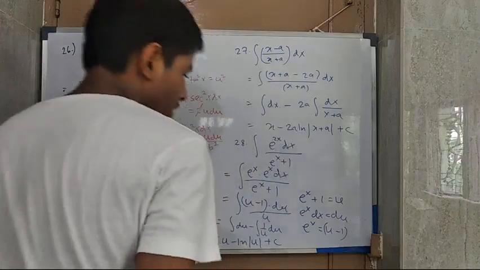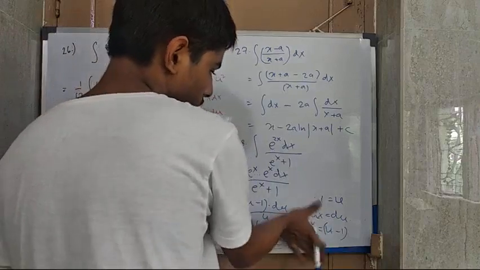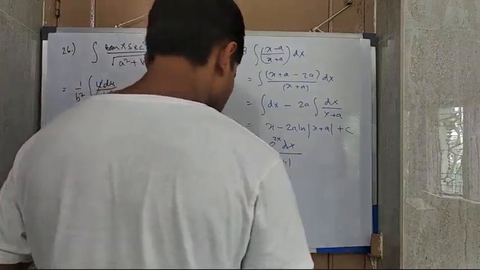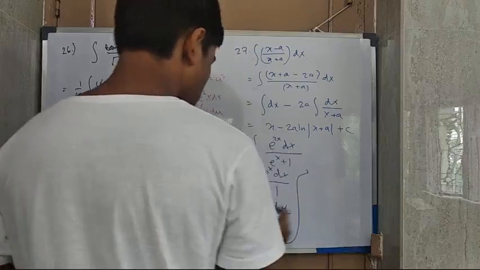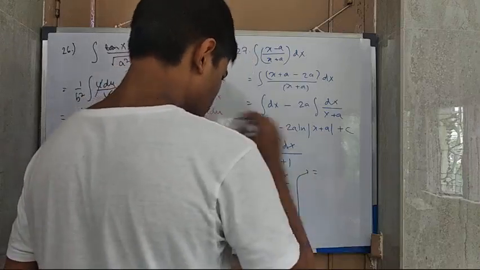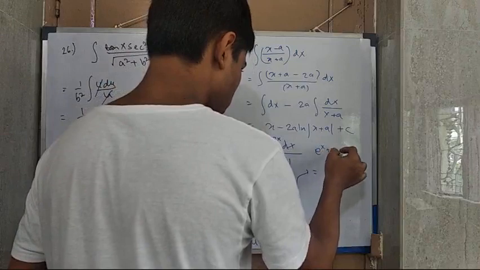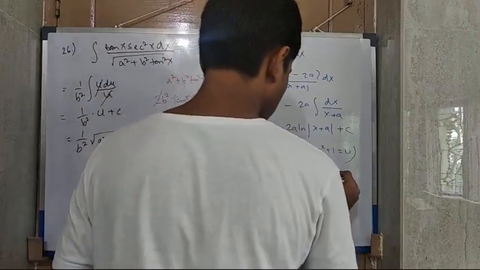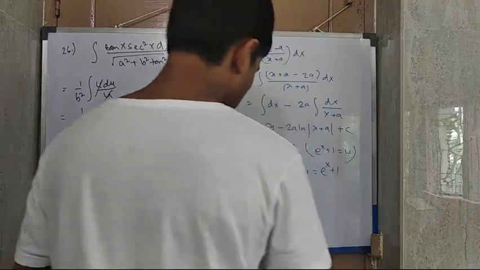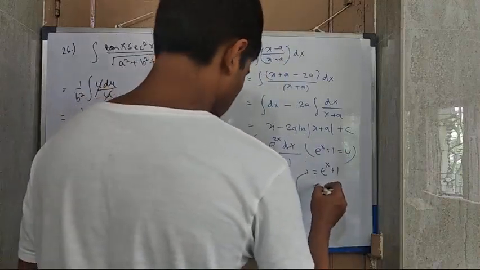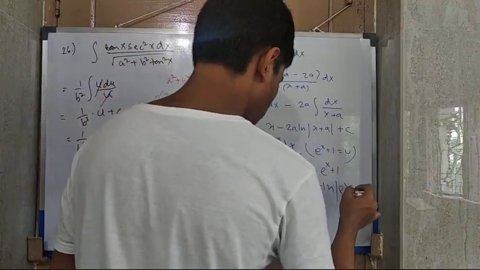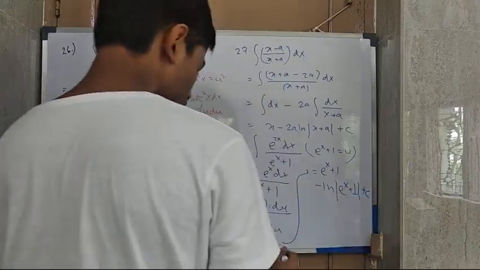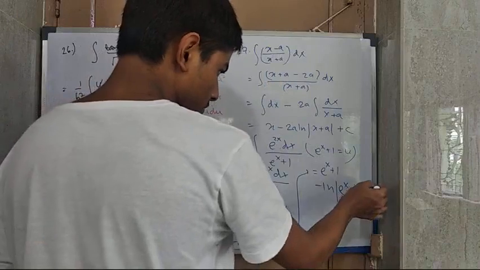plus c. So I should just erase this one, otherwise I cannot proceed. Our u was e to the power x plus 1, so it is e to the power x plus 1 minus ln of e to the power x plus 1 plus c dash.